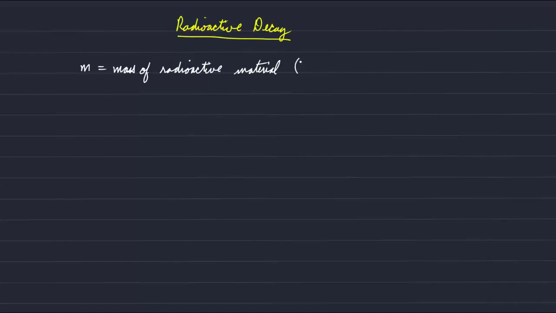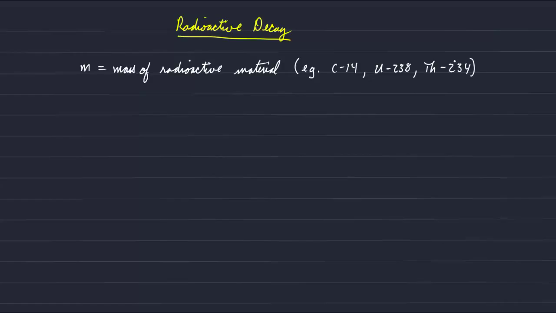Some examples of that radioactive material are carbon-14, the carbon-14 isotope, uranium-238, or, for example, thorium-234.